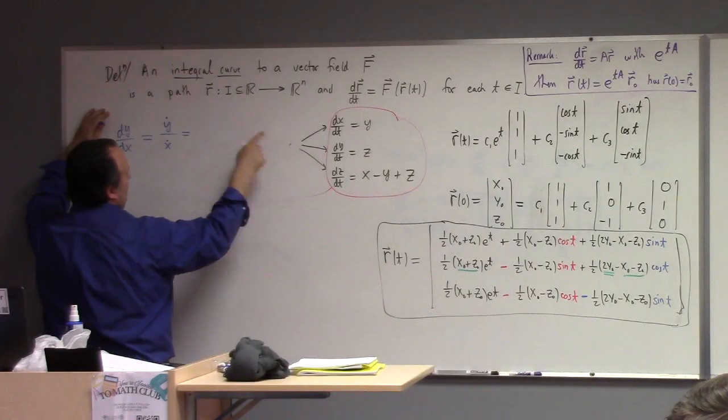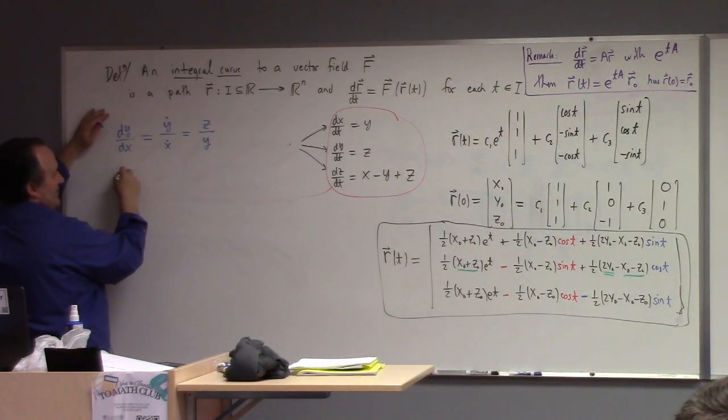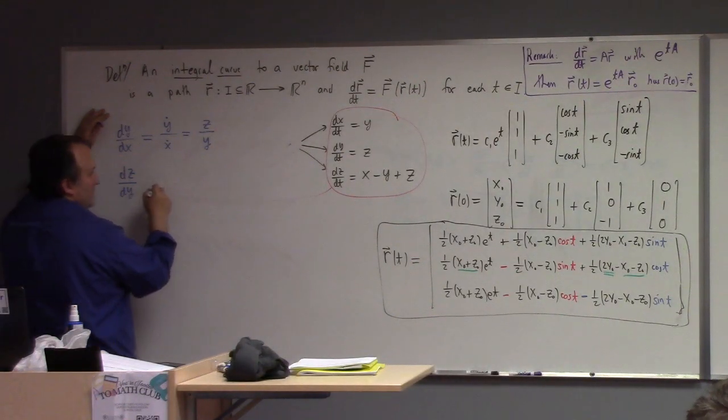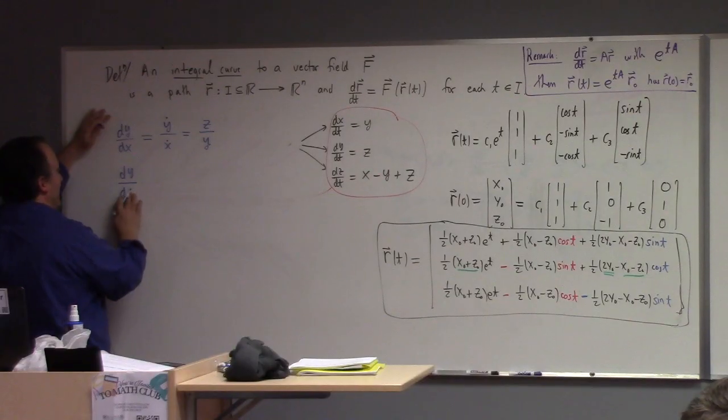In other words, z over y, right? And if I was so bold as to do this, I would then do dz/dy maybe. I probably should do dy/dz, because then I can think about y as a function of x and z maybe.